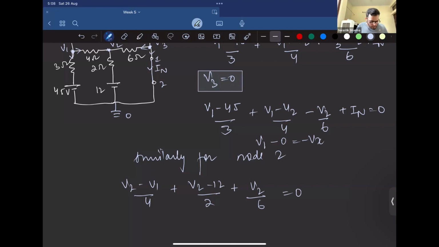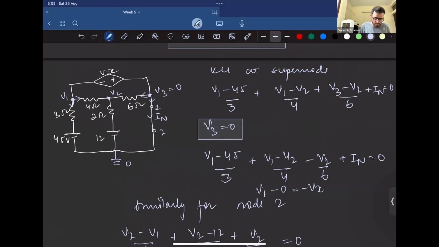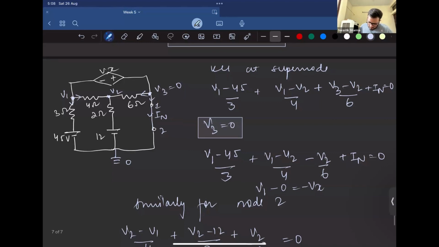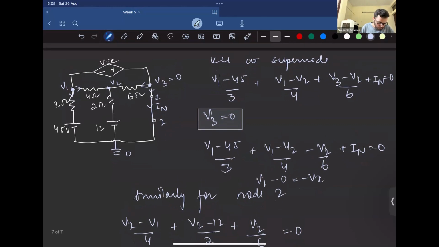Let's solve it. So it's 1/3, 0.75, 1/3 plus 1/4 minus 1/2 plus 1/6. IN is 1, right? And this is 0. We have V1 minus 0 equals to minus Vx.